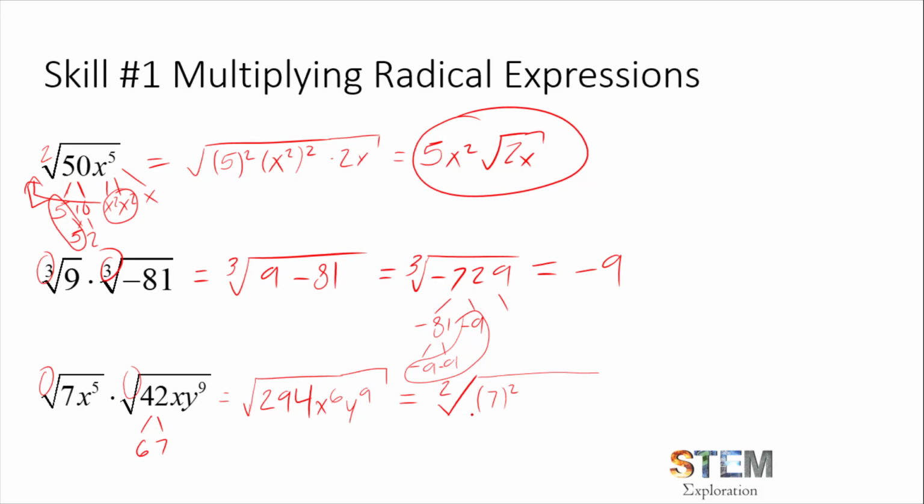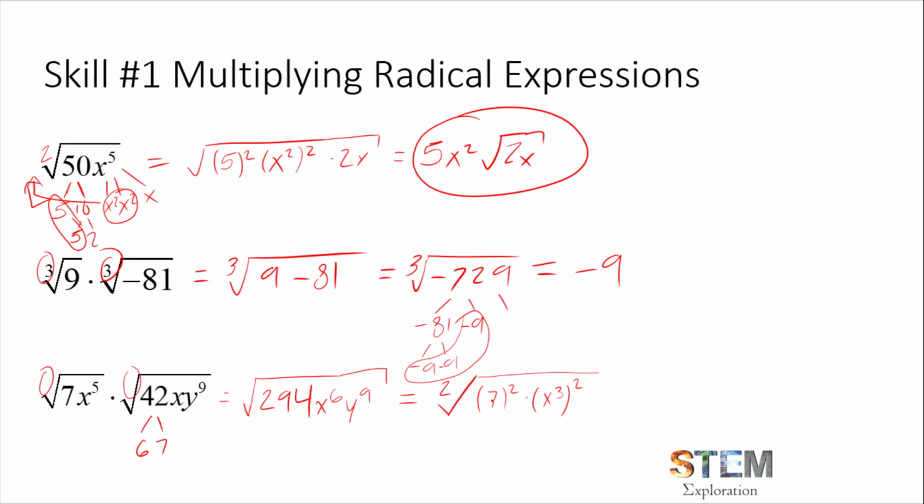I'm interested in things that are squared mainly because I know I have a square root here. And let's see, I have 3 pairs of x squareds here. So we can multiply this by, let's see, x cubed squared, because there's 3 pairs.